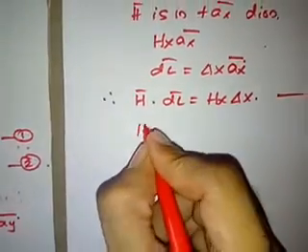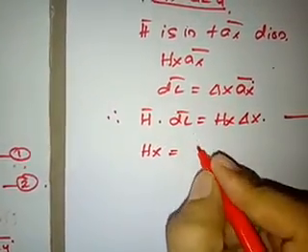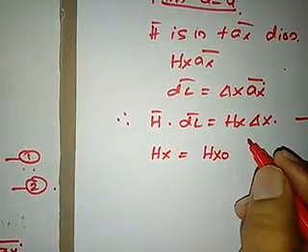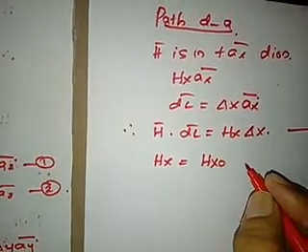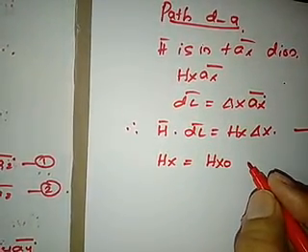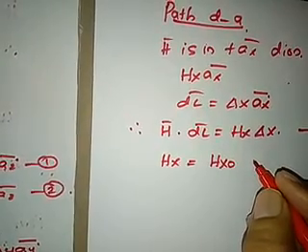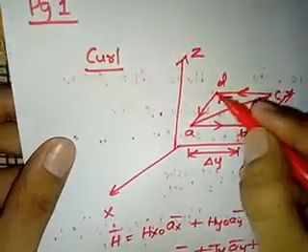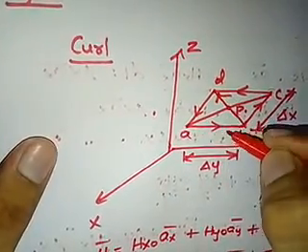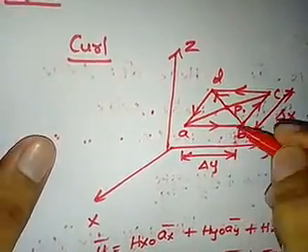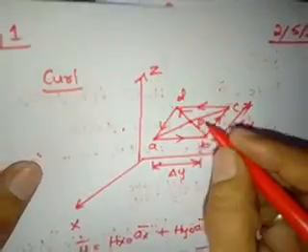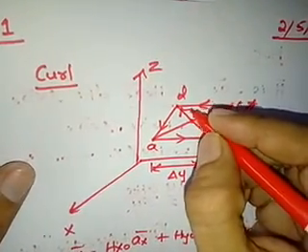Now hx similarly can be expressed as the component of hx at the origin, then the rotating or circulating component of hx with respect to y. Now what will be the sign, whether it is plus or minus?